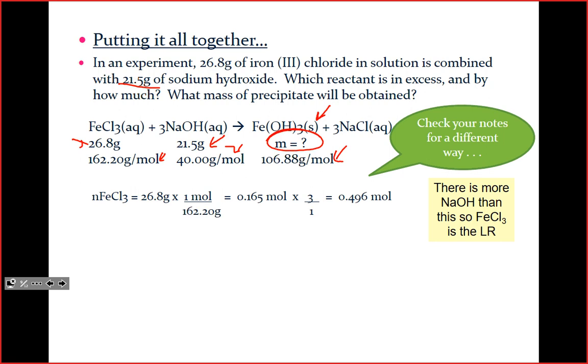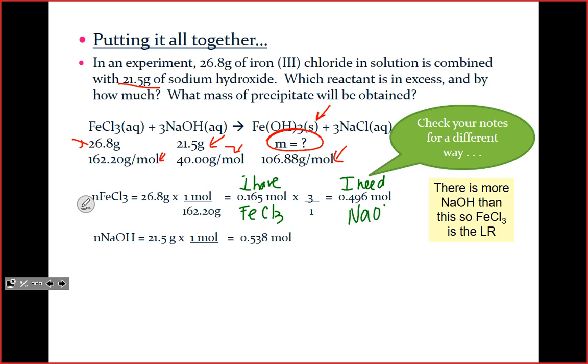I have 0.165 moles of iron 3 chloride. Now I'm going to use my molar ratio. I need 0.96 moles of sodium hydroxide. Now I'm going to go back and do it again. Now I'm going to compare the sodium hydroxide.